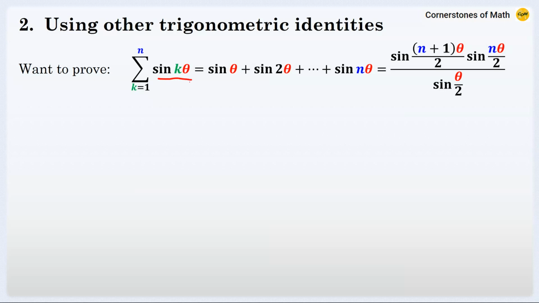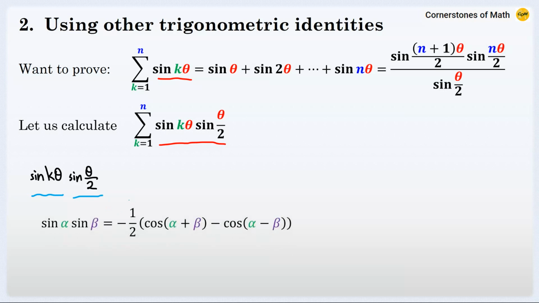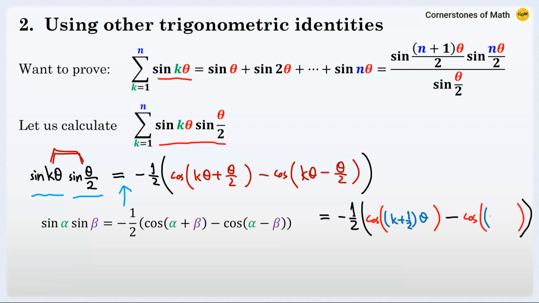So instead of this, we calculate this, and we have a product of sines, so we apply this product to sum formula. Then we have minus 1/2 cosine of the sum of these two, k theta plus theta over 2, minus cosine of the difference of these two, k theta minus theta over 2, and let's write this as minus 1/2 cosine (k plus 1/2) theta minus cosine (k minus 1/2) theta.